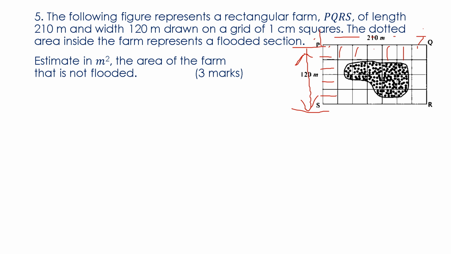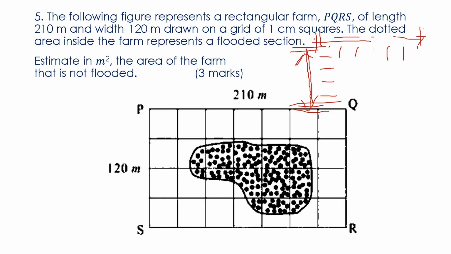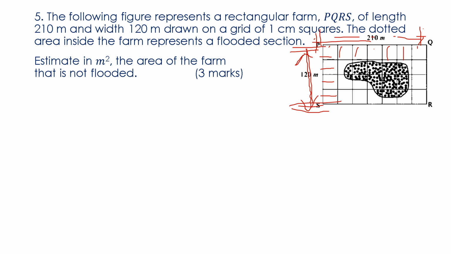That will be 120 divided by 4. And as you can see, it is the same as 210 divided by 7. That is the scale: 1 centimeter on the paper represents 30 meters on the actual ground.